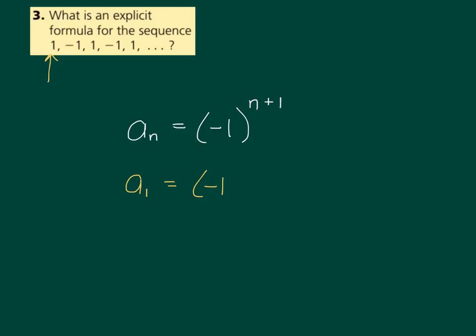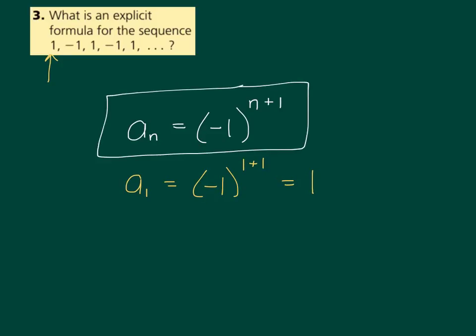If it were negative 1 to the first, that's negative 1. But if we throw on a plus 1, that's going to be positive 1. So our explicit formula is negative 1 to the n plus 1 power. In this case, that negative 1 has to be in parentheses because of order of operations.